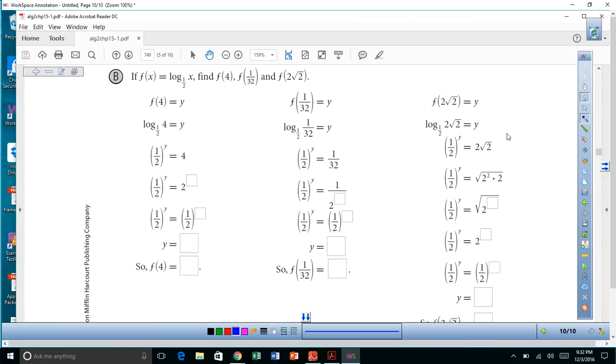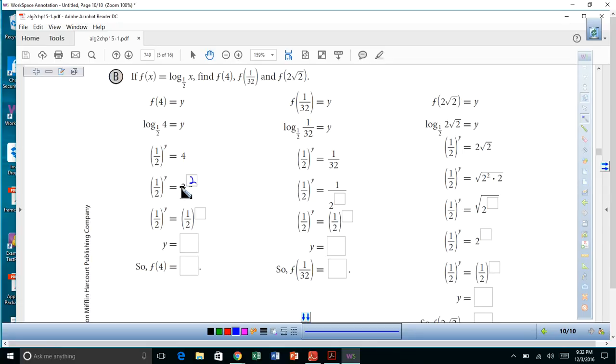All right, glad you're back. So f of 4 equals y. So log base 1/2 of 4 equals y. We're going to rewrite that as an exponential equation: 1/2 to the y power equals 4. Well, you know 4 is 2 squared, right? So we'll have 1/2 to the y power equals 2 squared.